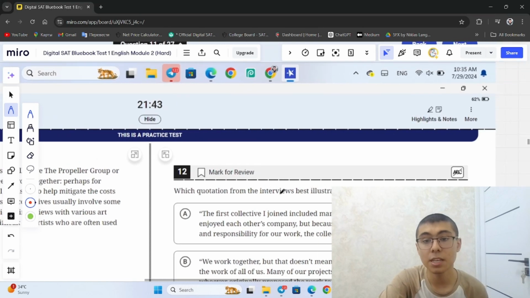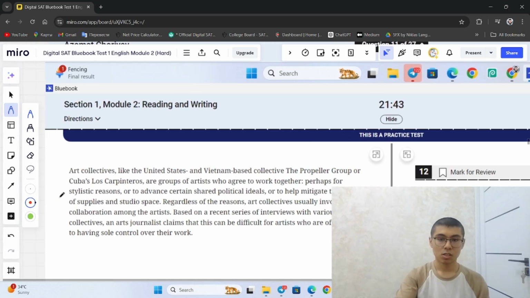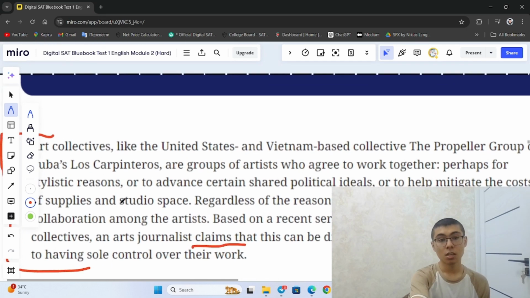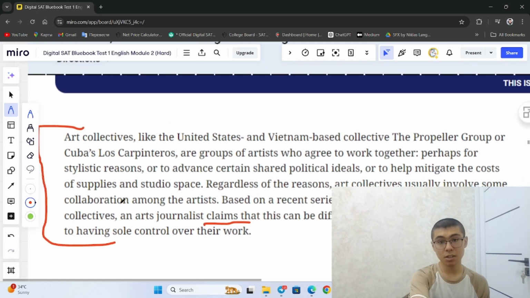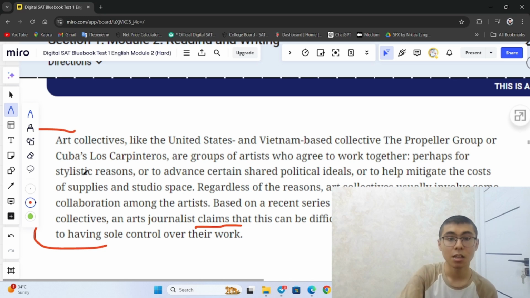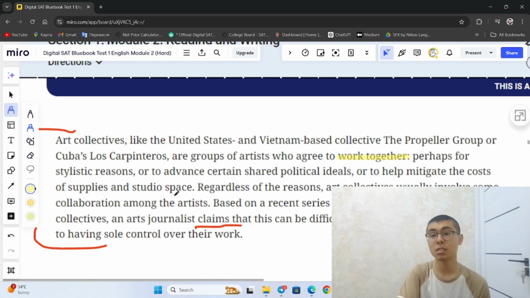Which quotation from the interviews best illustrates the journalist's claim? Okay, so here we have a claim, but still, I'm gonna read the whole text to have background information. So, art collectives like the United States and Vietnam-based collective, the Propeller Group, or Cuba's Los Carpinteros, are groups of artists who agree to work together, perhaps for stylistic reasons, or to advance certain shared political ideals, or to help mitigate the cost of supplies and studio space.